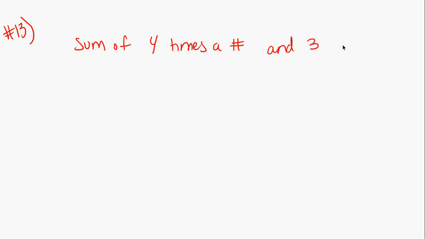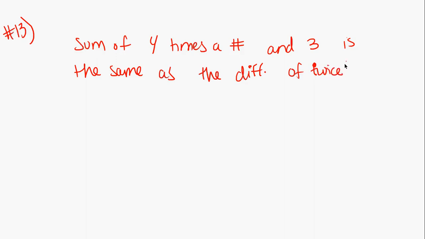Number 13. It says the sum of 4 times a number and 3 is the same as the difference of twice the number and 11.